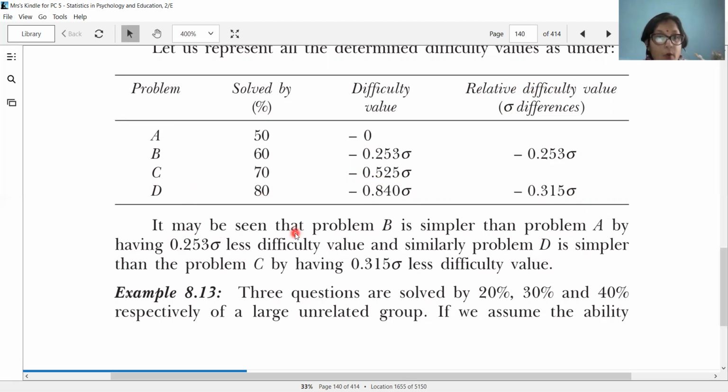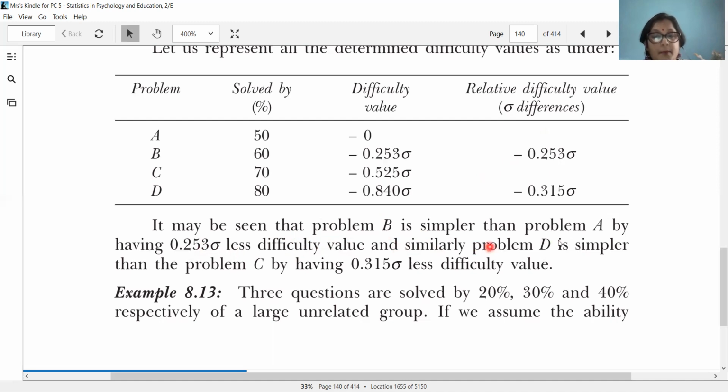Okay, now how we can interpret here is that we can conclude that problem B is simpler than problem A by having 0.253 sigma less difficulty value, as it is minus, so less difficulty value.